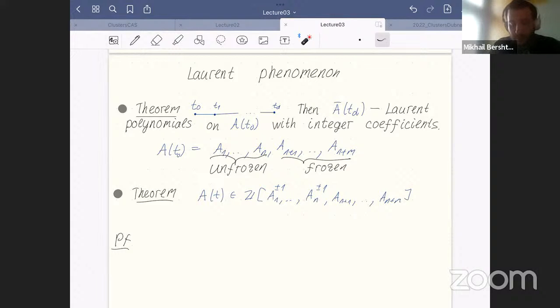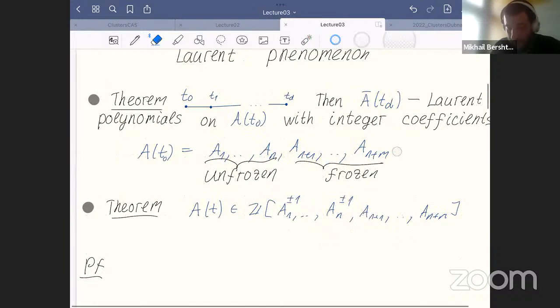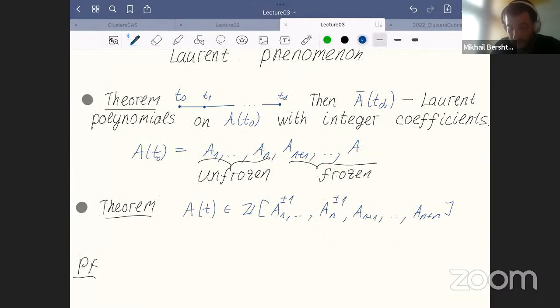So assume that we have a certain seed. I want to recall that a seed is a pair of combinatorial data, like a quiver or antisymmetric matrix, and also a set of variables a1, ..., an, and probably some of them are frozen. Maybe my favorite notation will be to put here m.